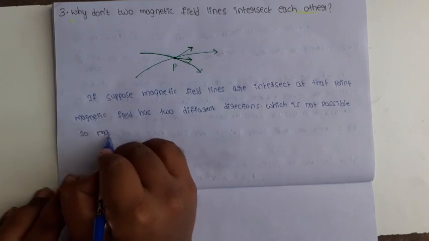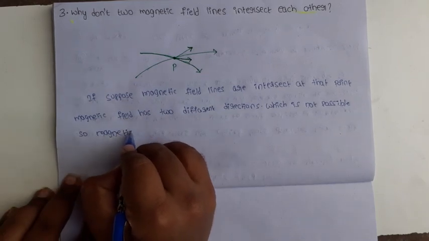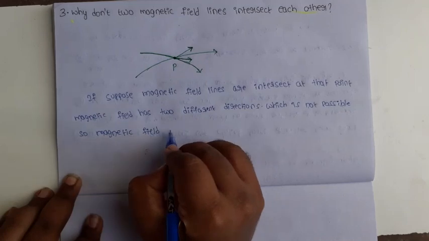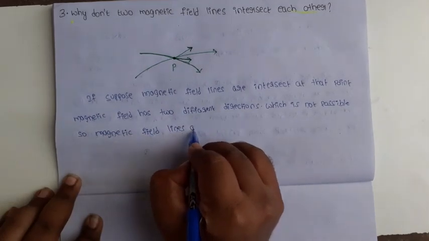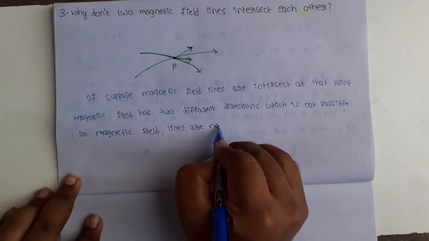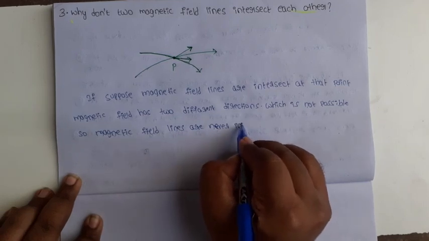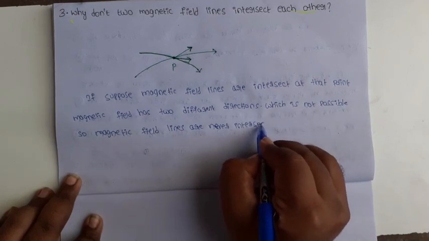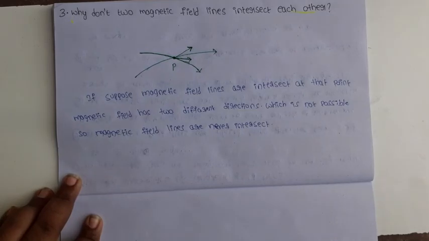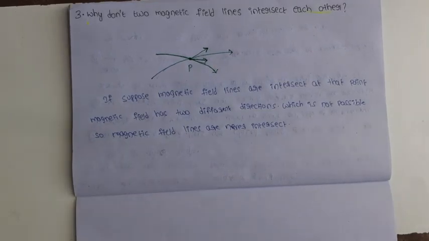So magnetic field lines never intersect. That is the answer. These are all the in-text questions.